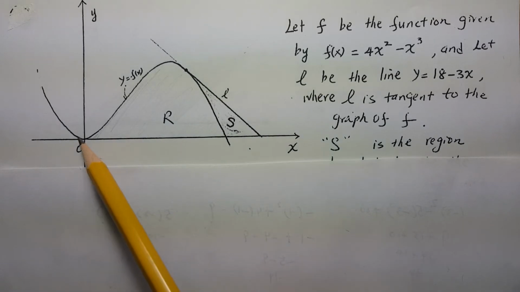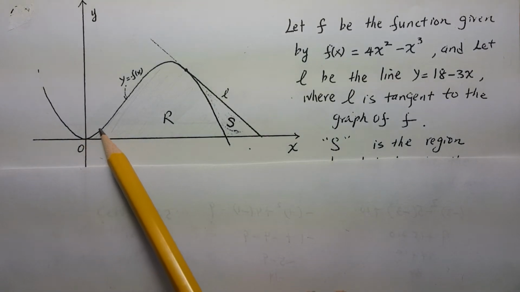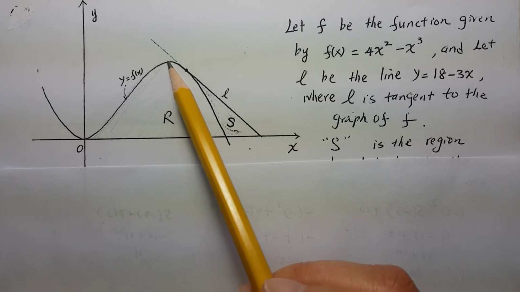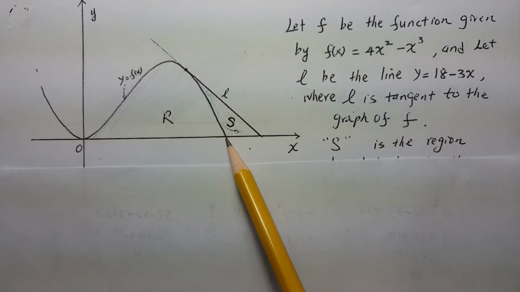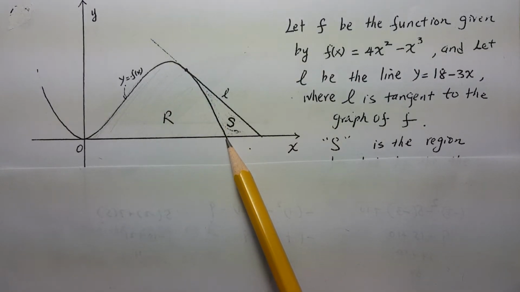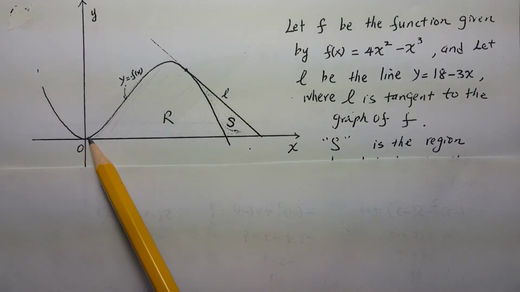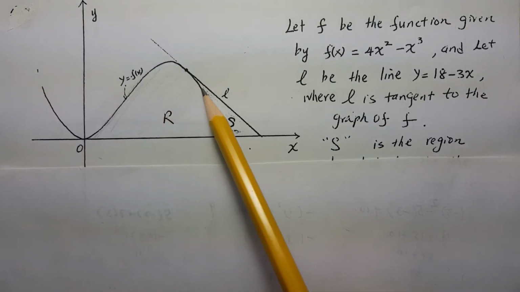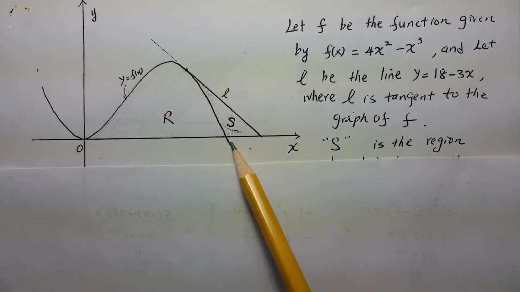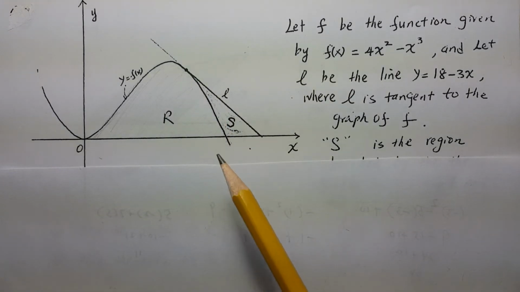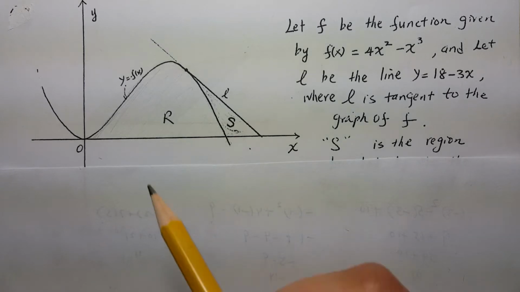So if you trace a graph, it goes from here. It is only under the function f of x. The area R is only under the graph f of x. So basically, we just use one integral.